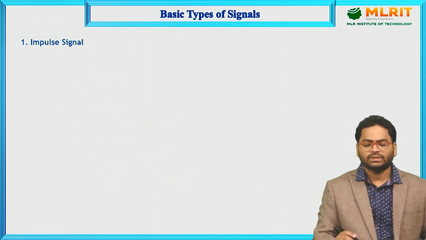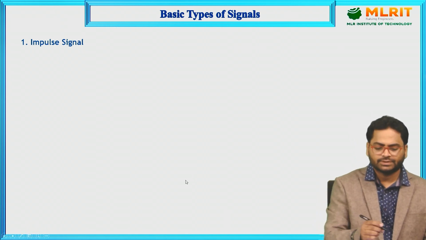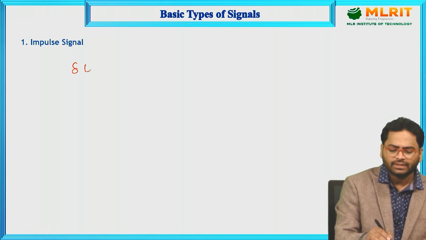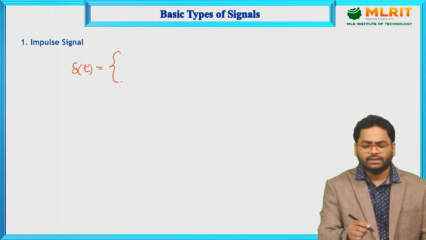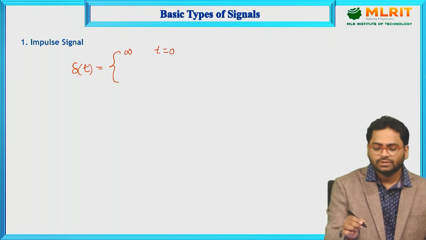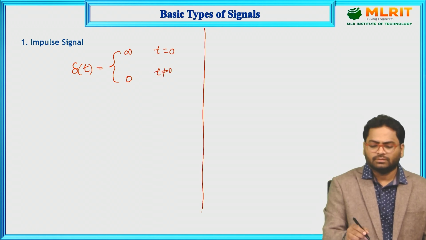If you look into the impulse signal, what is its definition? The signal is represented by del of t, and its amplitude is infinity at t equals 0 and 0 at t not equal to 0. This is for the continuous time signal.